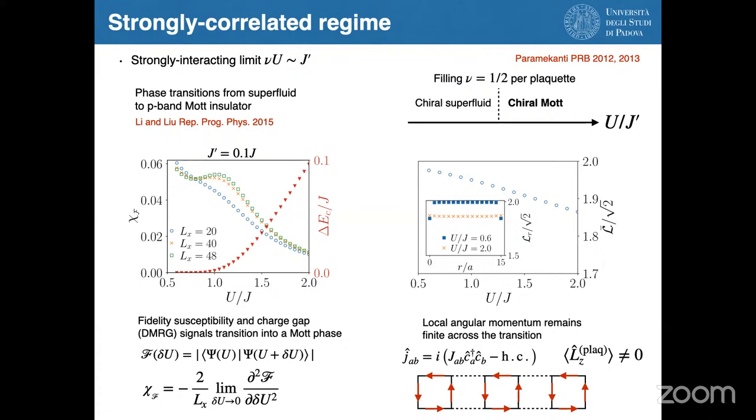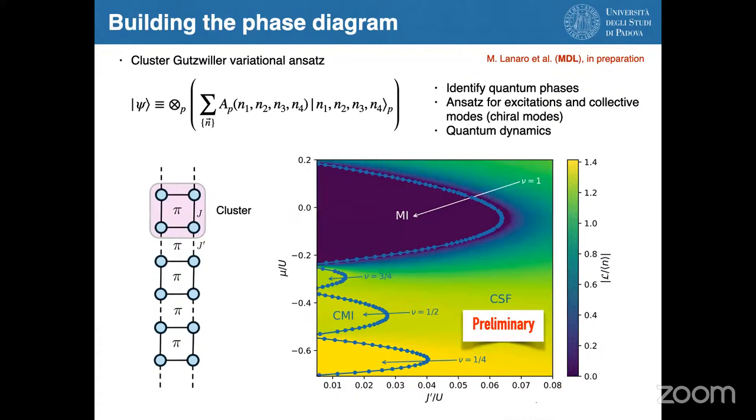Okay, so developments that we are doing right now are, for example, understanding a little bit more the phase diagram. For this, we're using a cluster Gutzwiller ansatz. For people who are familiar with Gutzwiller, usually it's a single-site product state.